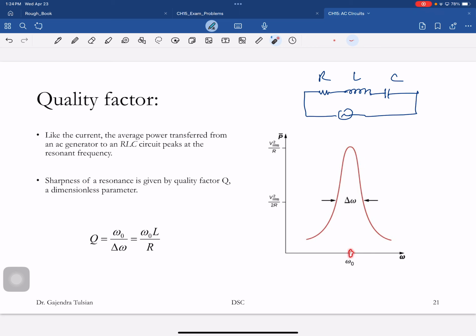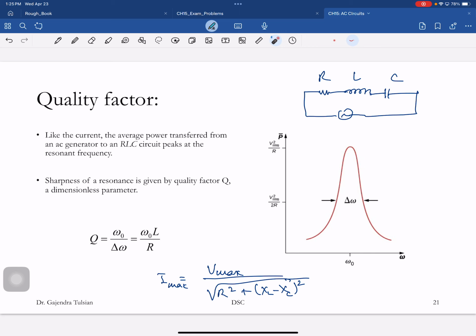So at this frequency, at omega naught, the amplitude of the current I max is V max over the square root of R squared plus (XL minus XC) squared. Okay, at this frequency, this guy is 0. That's the resonant frequency.